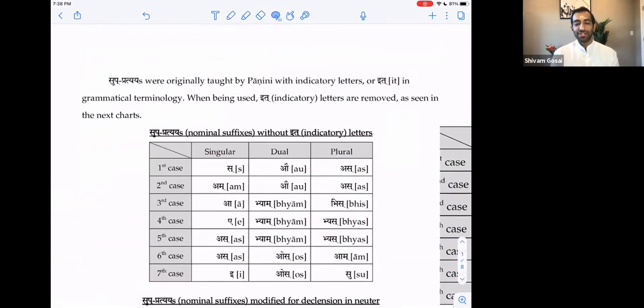Now you remember what we chanted in the beginning. It looks very similar to this. Supratyayas, I'm just going to read what it says. Supratyayas were originally taught by Panini with indicatory letters, what we call it letters in grammatical terminology. When being used, it letters are removed as seen in the next chart.